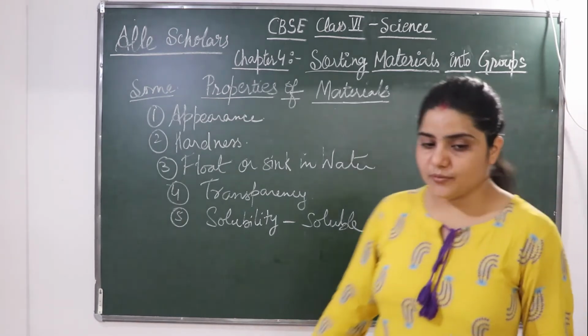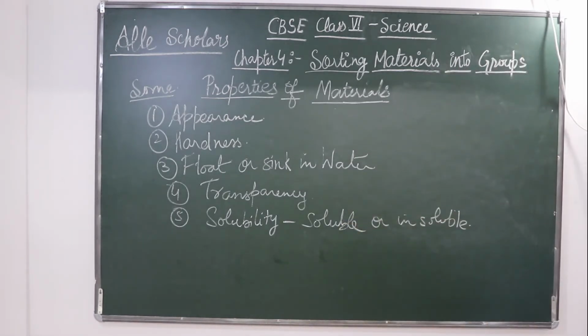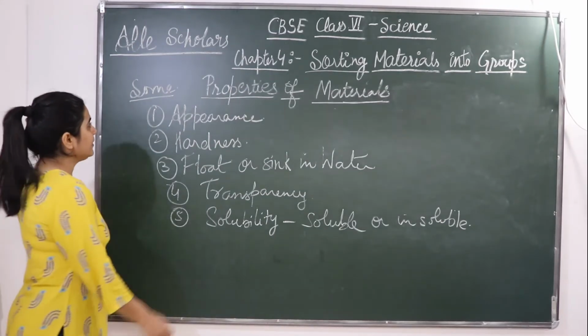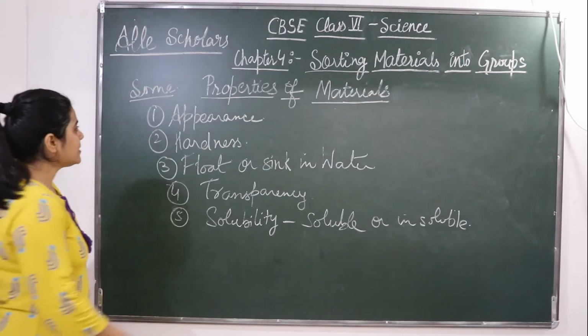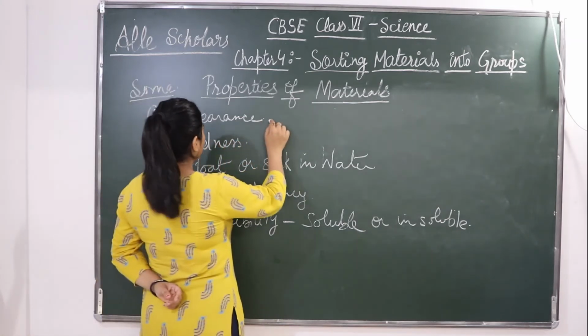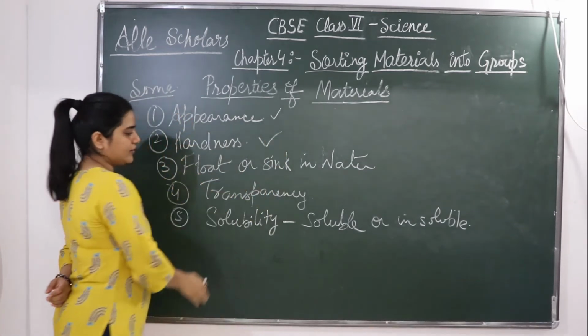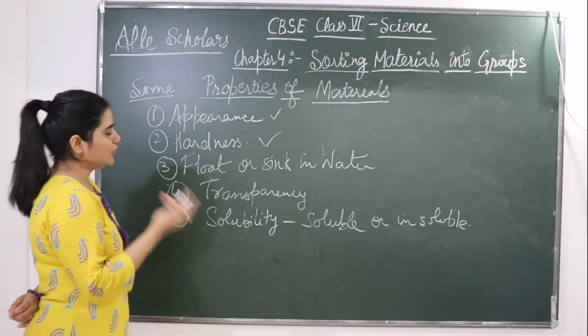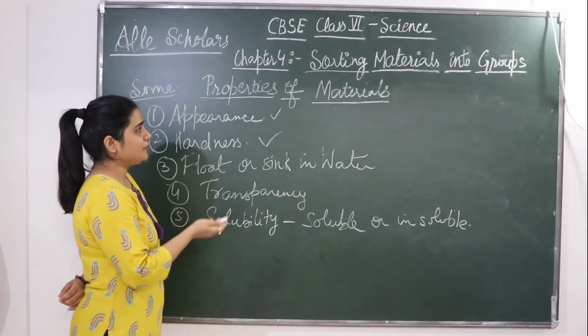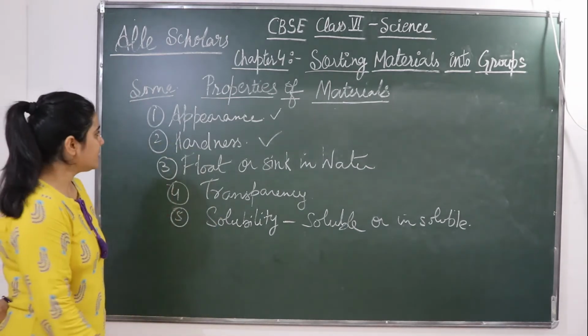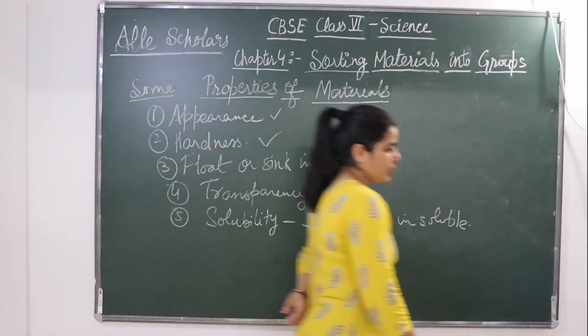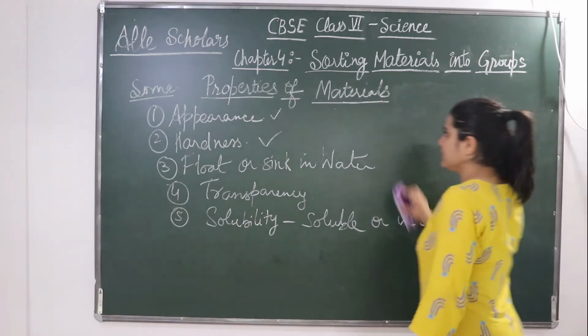We can divide some of the properties of materials like this. Today in this video I will be discussing appearance and hardness. The rest of the properties, and some more things about the advantages of materials, will be discussed in my next video. Okay, so let's start with the appearance.